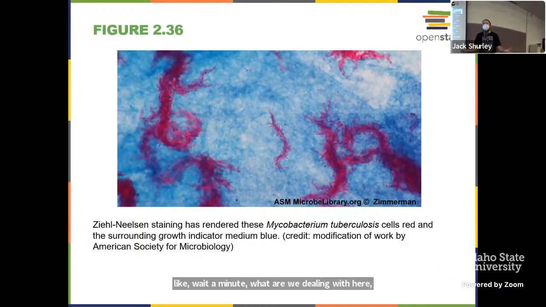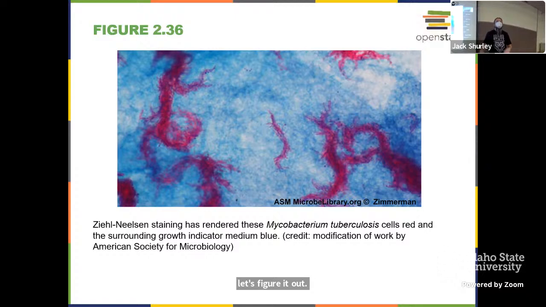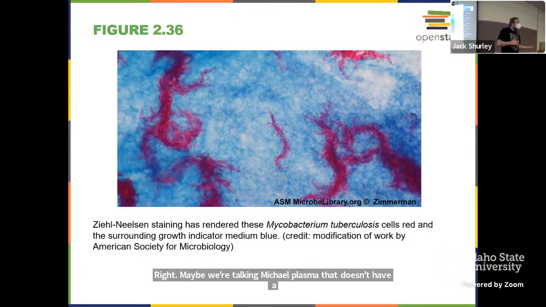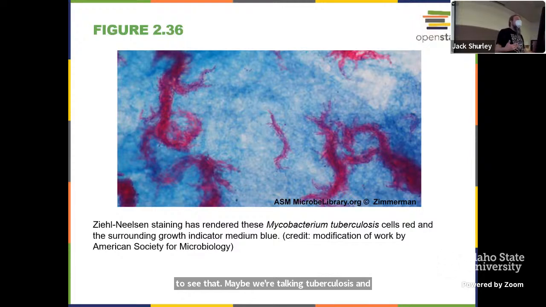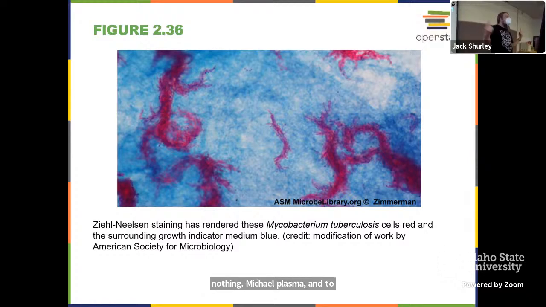Maybe we're talking mycoplasma that doesn't have a cell wall. Some negative staining would allow us to see that. Maybe we're talking tuberculosis, and dependent upon what the patient's presenting with, if they're coming in with pneumonia-like symptoms and we gram stain the sputum specimen and we see nothing, mycoplasma and tuberculosis would both be something on our radar, right?